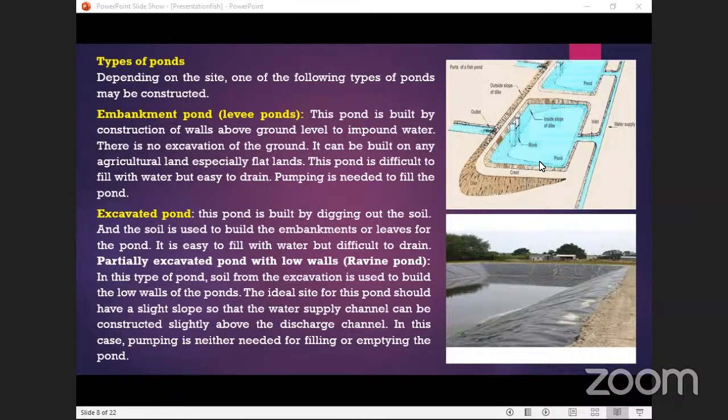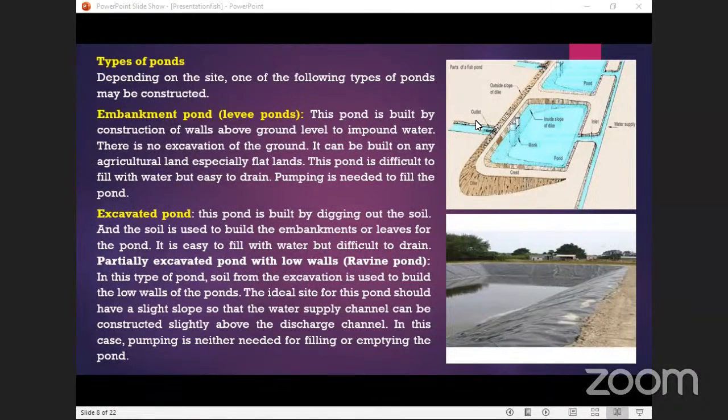Putting in water is hard, but withdrawing the water is easy, because you have to change water inside the fish pond after a certain period of time, such that you avoid causing a disease inside the pond.